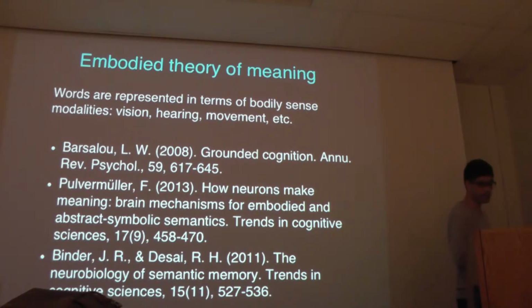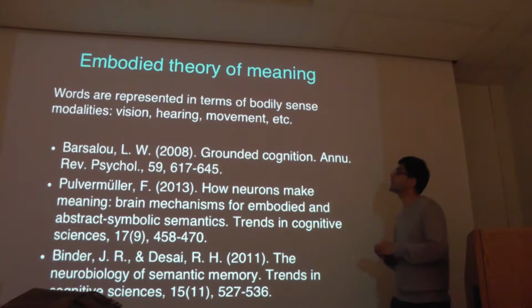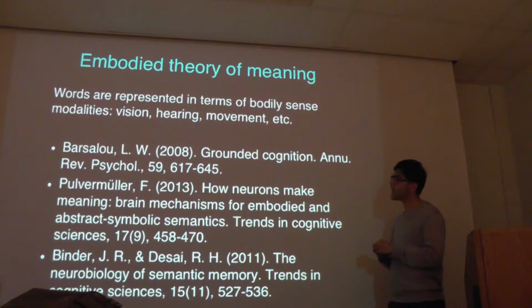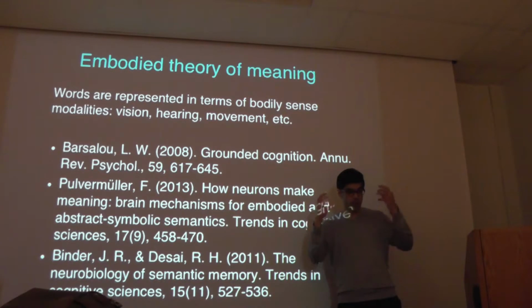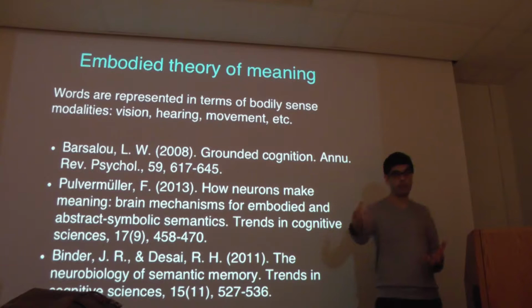And I mean that in a very literal sense. It actually says, fundamentally, words are represented in terms of our senses. Okay? So this is why it's called embodied: the idea is that we're not just brains in vats, we're brains in bodies, and our bodies are interacting with the world, and that's where meaning comes from.